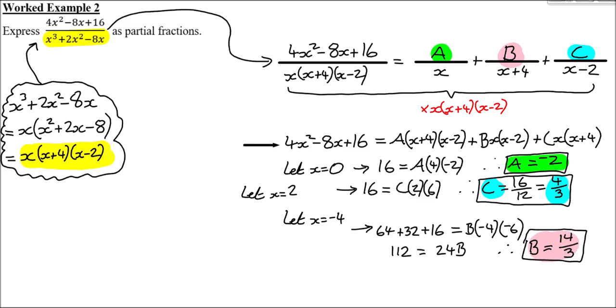So therefore, we can write it as our final answer. So 4x squared minus 8x plus 16 all over x cubed plus 2x squared minus 8x.